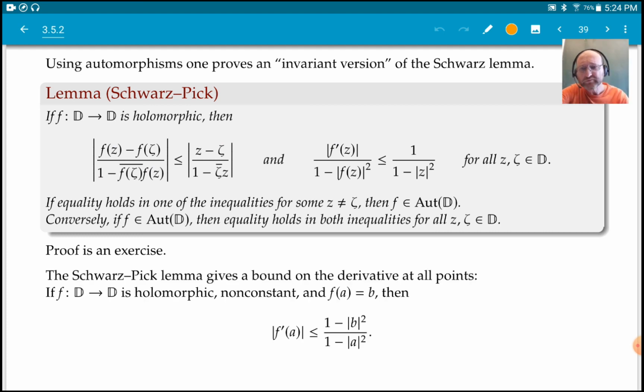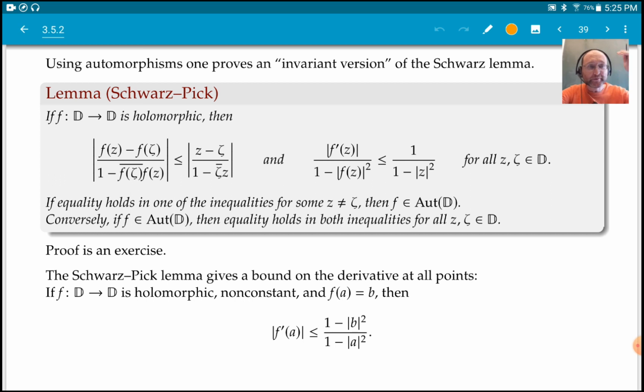Now, before I said that we bounded the f prime at 0. That was what Schwarz told us, and I said that we don't really have a bound elsewhere. Well, we do.